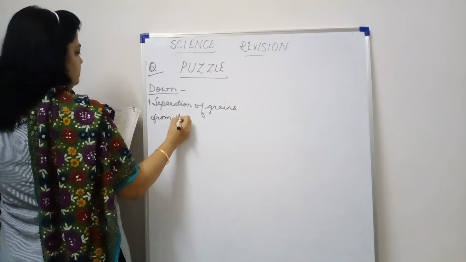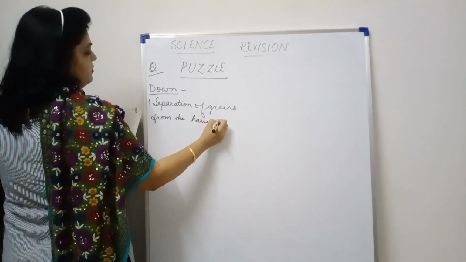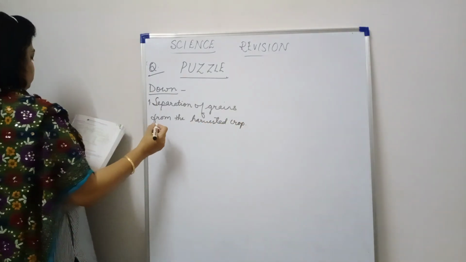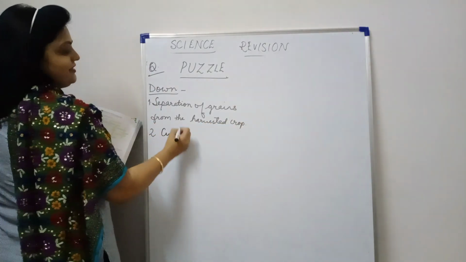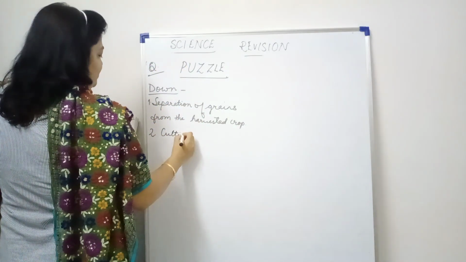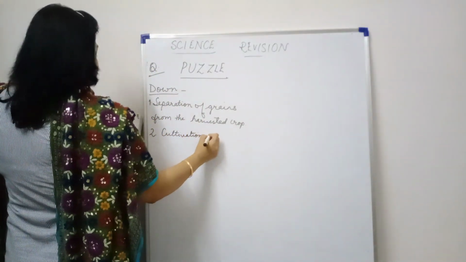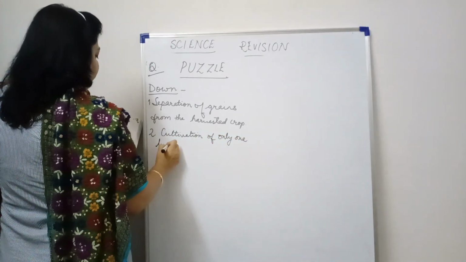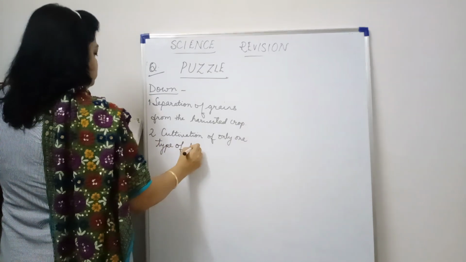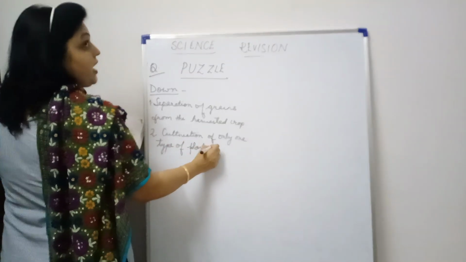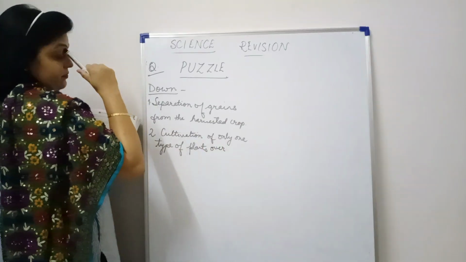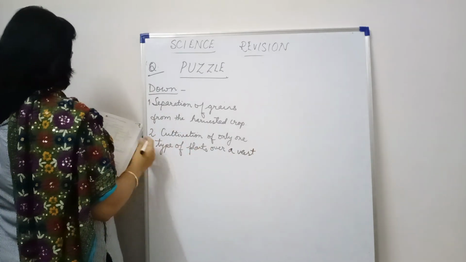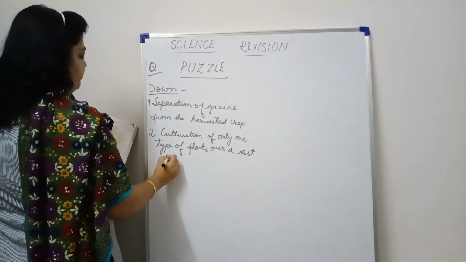Number 2, just write these options first and then I will draw the crossword. Number 2 is cultivation of only one type of plants over a vast stretch of land.